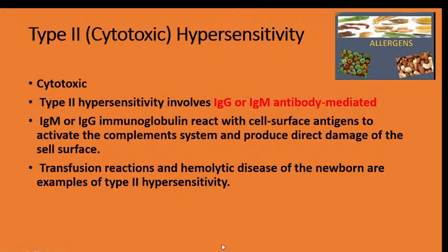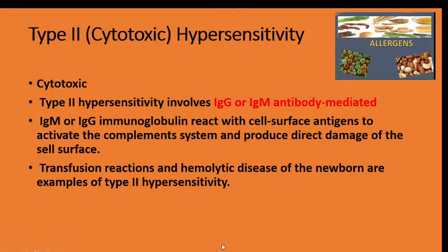The best example of type 2 hypersensitivity is blood transfusion. Transfusion reactions and hemolytic disease of the newborn are examples of type 2 hypersensitivity. So that's all about type 2 hypersensitivity.